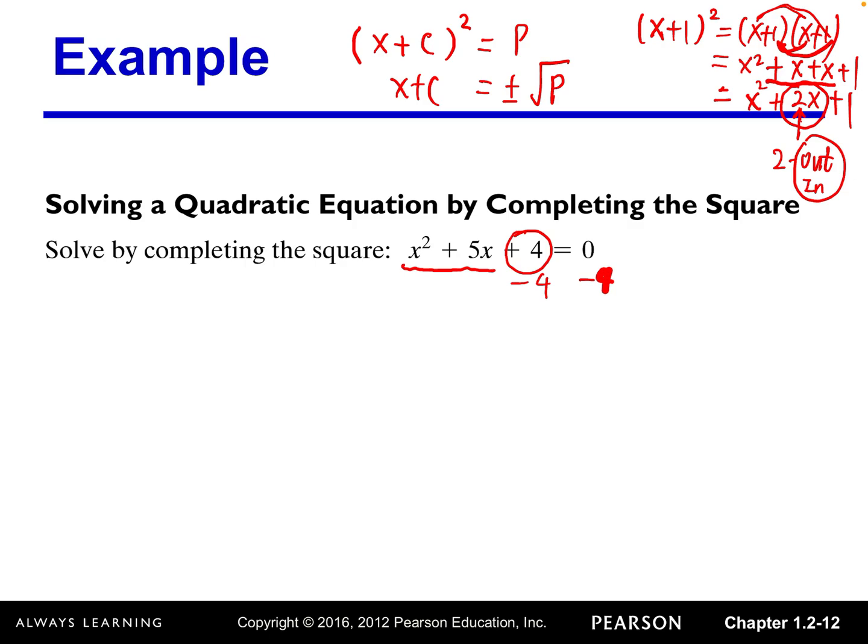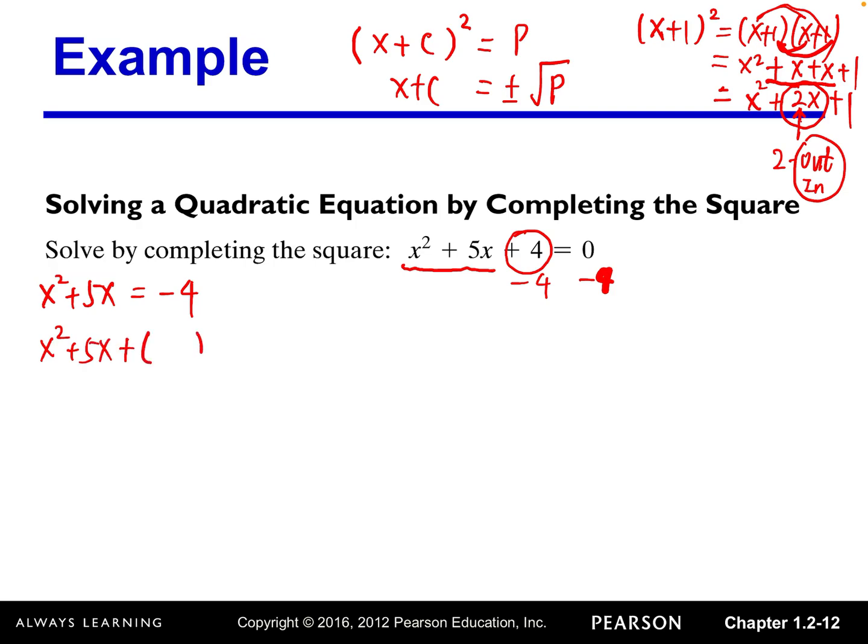Okay, so we get, I'm going to write on the left-hand side so I have a little bit more space, x squared plus 5x equals negative 4, right? And then in order to make the left-hand side become a perfect square, we need to add some constant, right? x squared plus 5x.